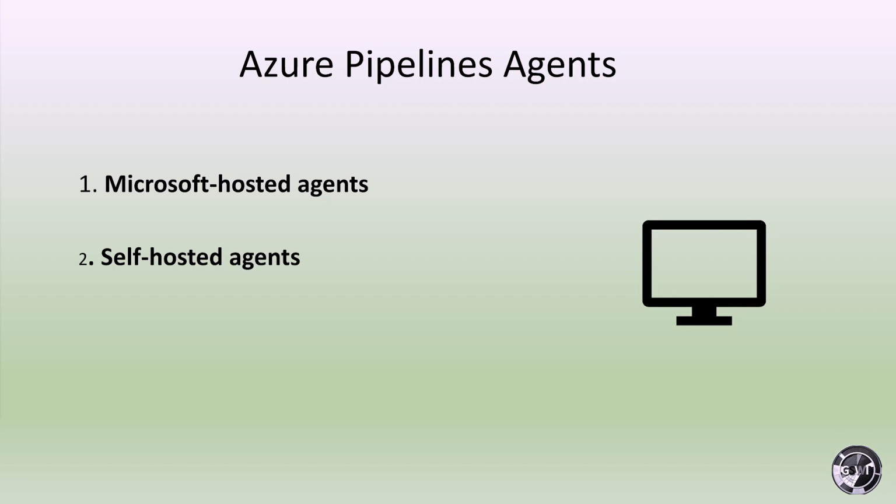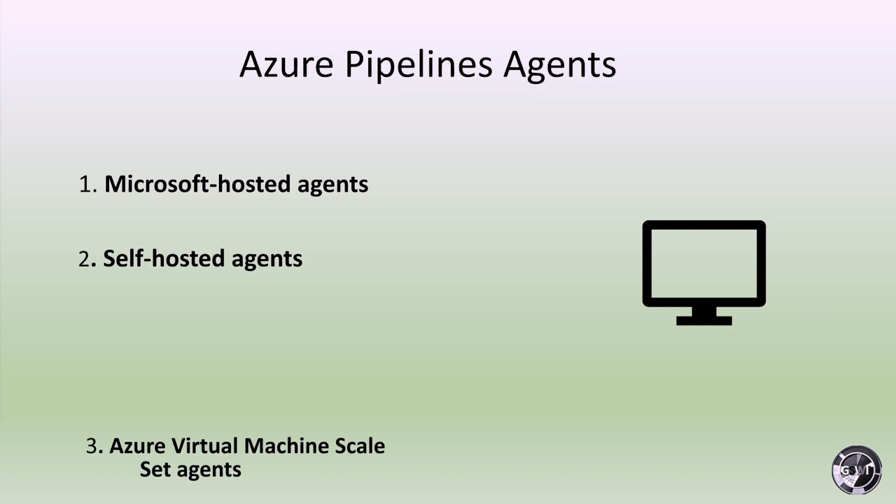Also, machine level caches and configuration persist from run to run, which can boost your speed. You can install the agent on Linux, macOS or Windows machine. You can also install an agent on Docker container. For more information about installing a self-hosted agent, I have added a document link in the description below.